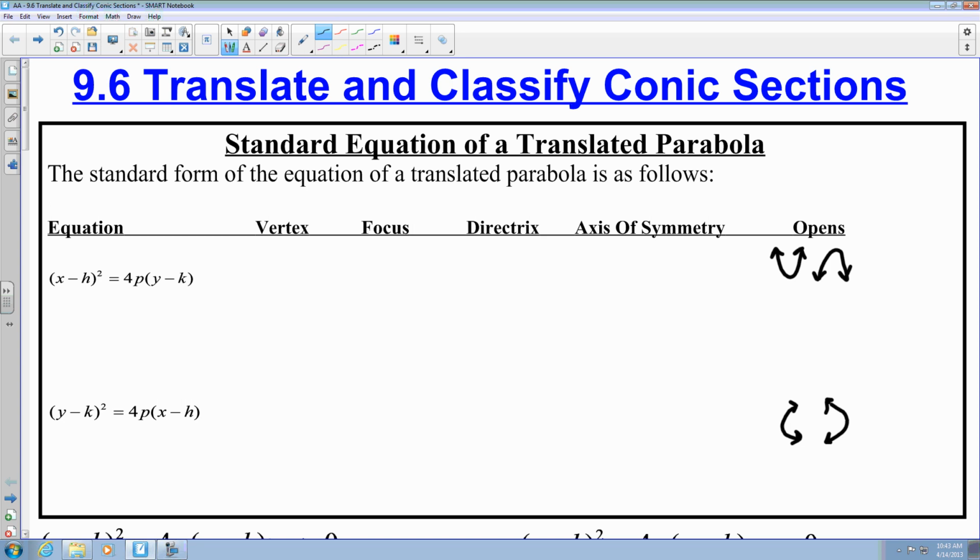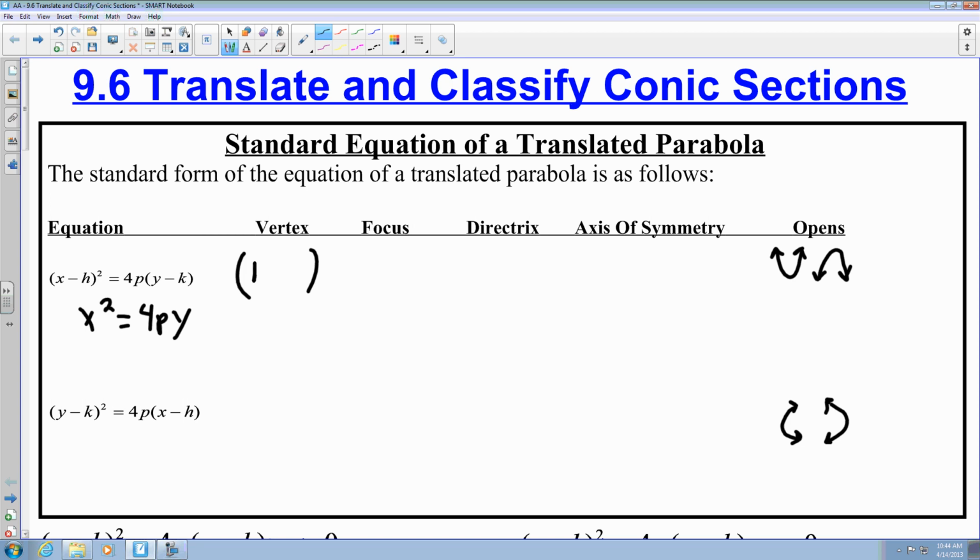Okay, so there is a general switch when it comes to the coordinates for these points. If we look at the vertex in our first equation, we remember that when it was our standard, just x squared equals 4py, without the translation, it was 0, comma 0. And now this one is dictated by whatever h and k are.